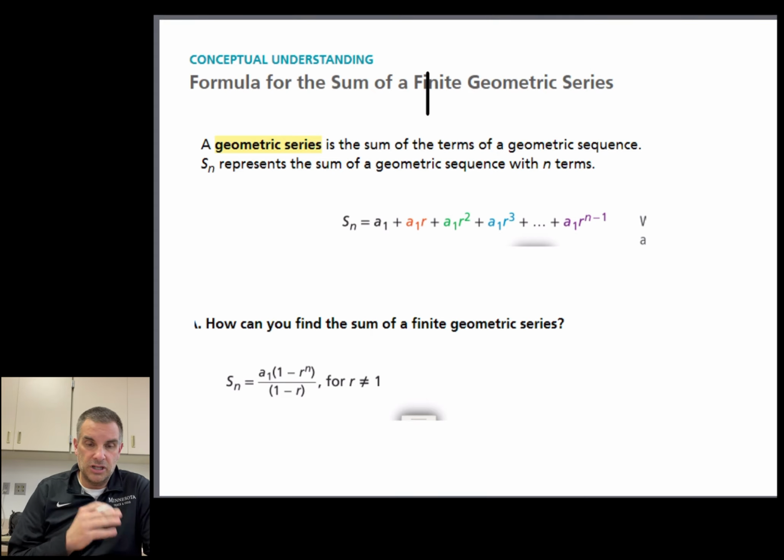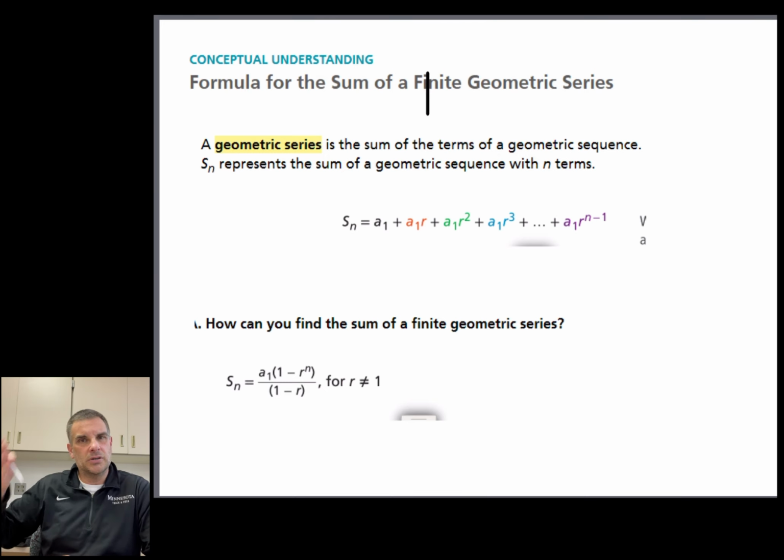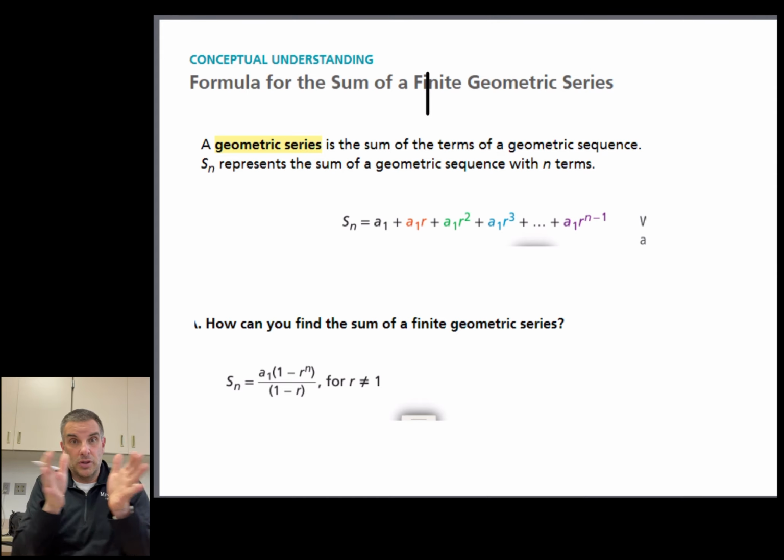First and foremost, the general formula for finding the sum of what we call a finite geometric series. A geometric series is the sum of the terms of a geometric sequence. A sequence is just a sequence of numbers, 2, 4, 6, 8, 10, and so on. That's not geometric, but 2, 4, 8, 16, and so on is a geometric sequence. A series is when you take all of those numbers within a certain sequence and add them up.